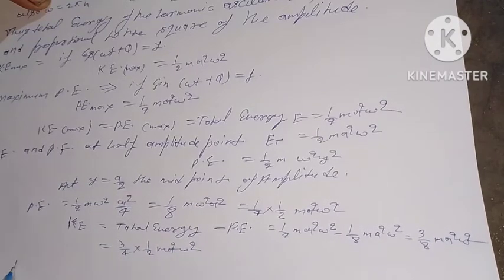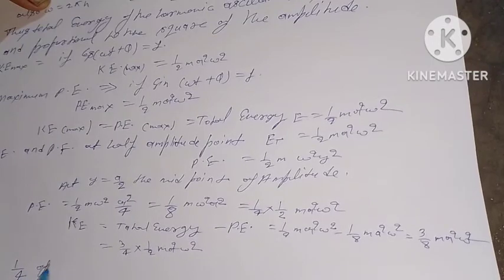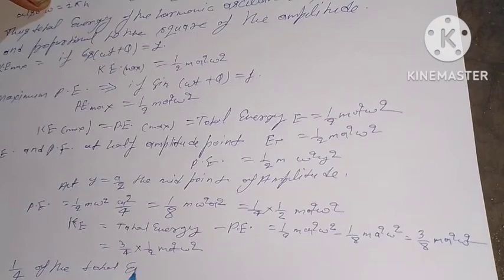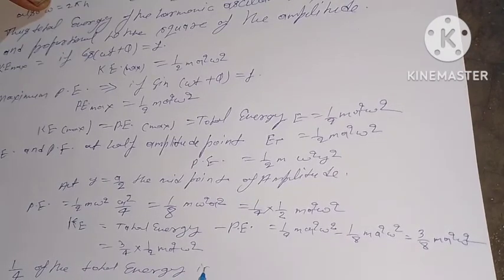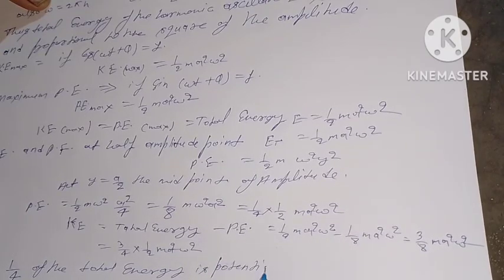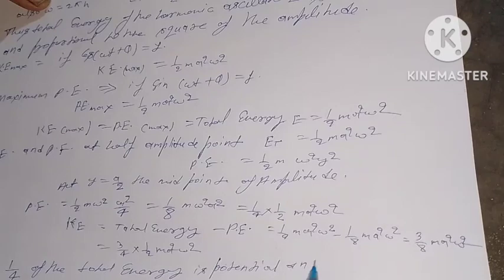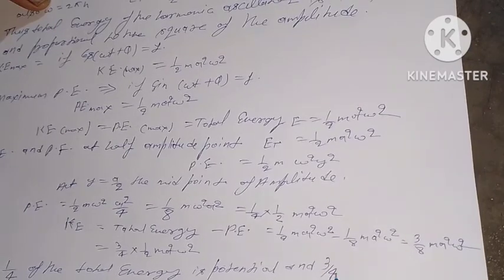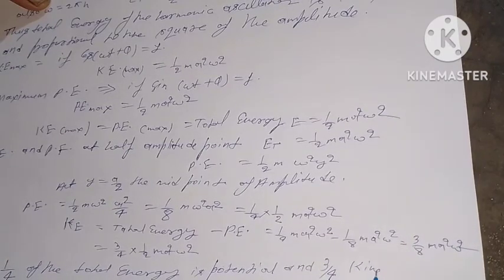So 1 upon 4 of the total energy is potential, and 3 upon 4 is kinetic.